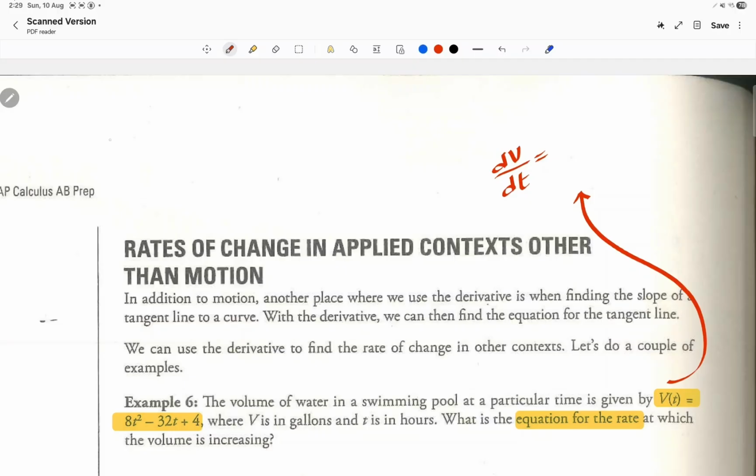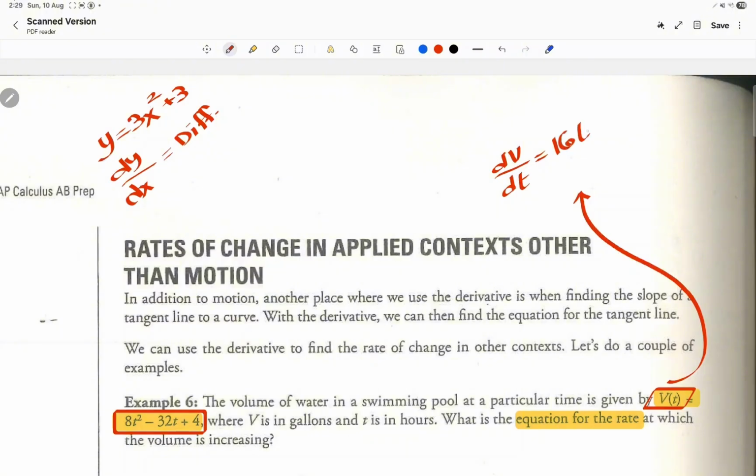Look, if I said I have a y, and I want to find dy over dx, what did that mean before? Differentiate. So if I have a v, I want to find dv over dt. So differentiate this equation.